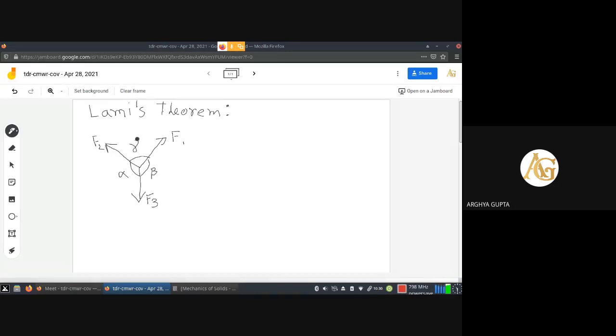Then Lami's theorem says that the body is in equilibrium under the action of the 3 forces, then each force is proportional to the sine of the angle between the other 2 forces.